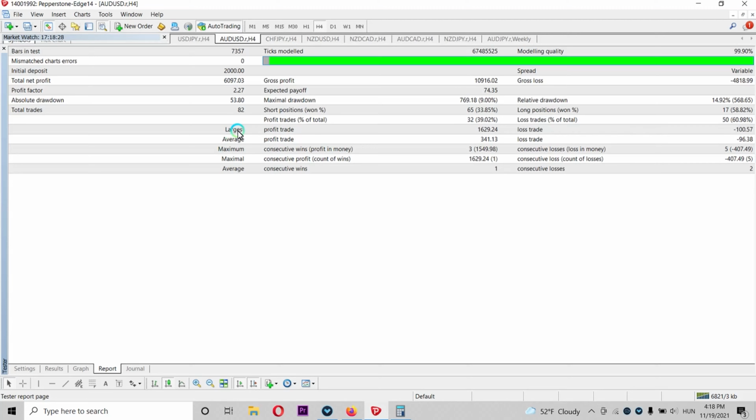And if you take a look at the largest profit trade and the largest loss trade, it is just insane. The largest profit is so much more than the largest loss. It is as if the two trades were in a different universe somewhere, but it's the same strategy.